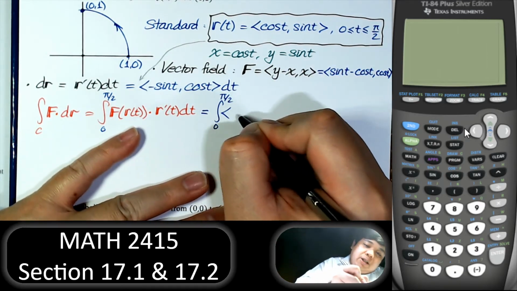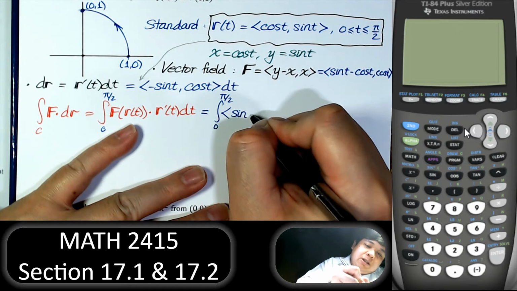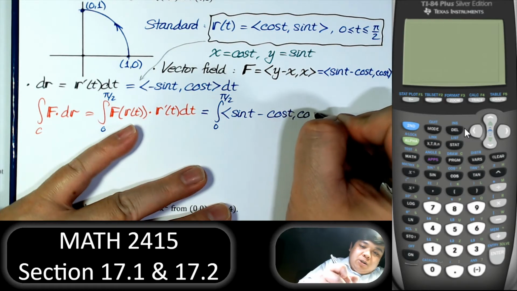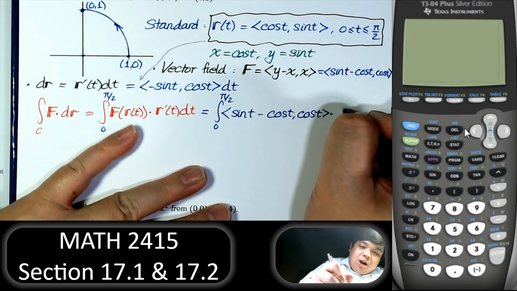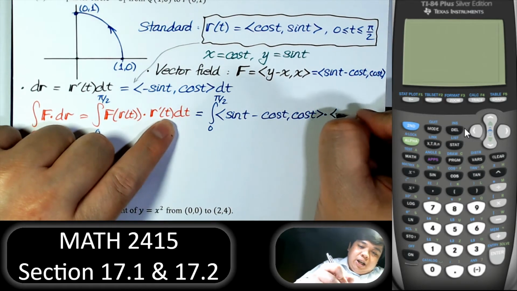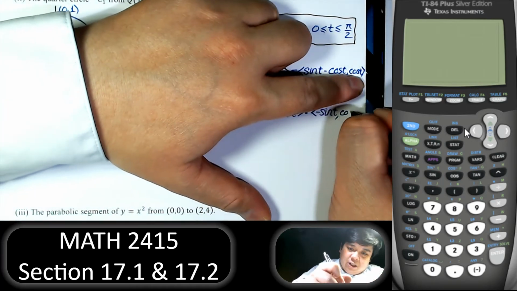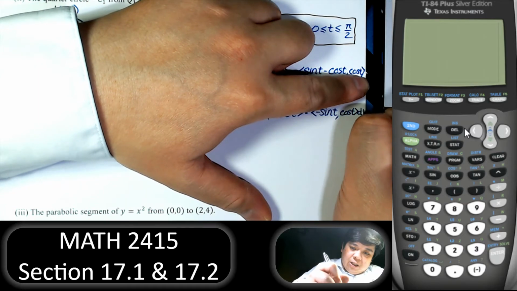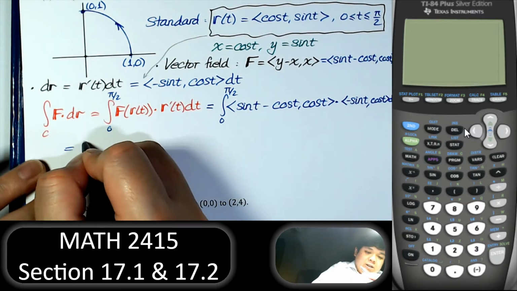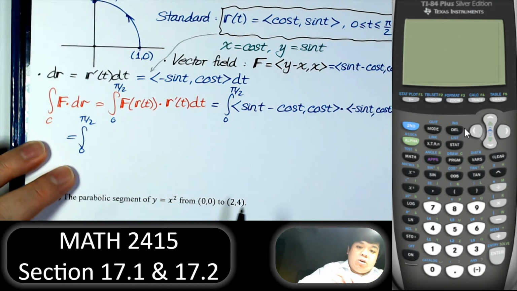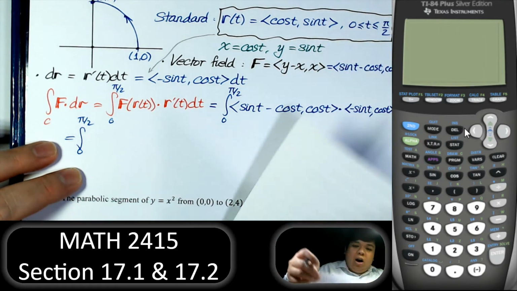So we have sine t minus cosine t, cosine t, dot product with negative sine t, cosine t, dt. Right, now we do the dot product.